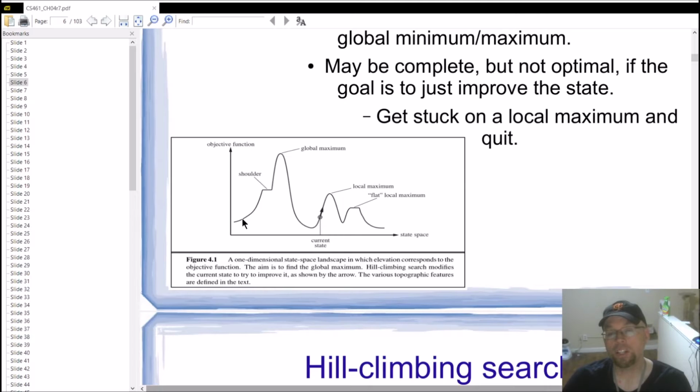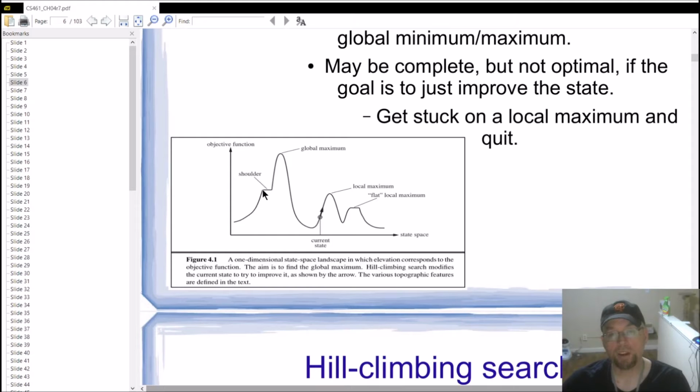So that adjacent node might be worth 10. So you're moving up the hill. And then lather, rinse, repeat. You find your next highest valued node is worth, I don't know, 20. Then you generate neighbor nodes off of that. Maybe there's one that's 30.